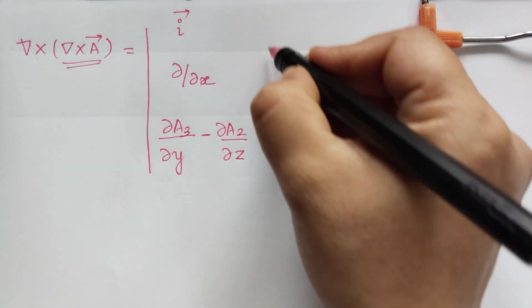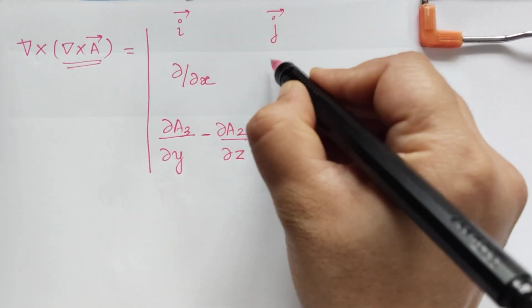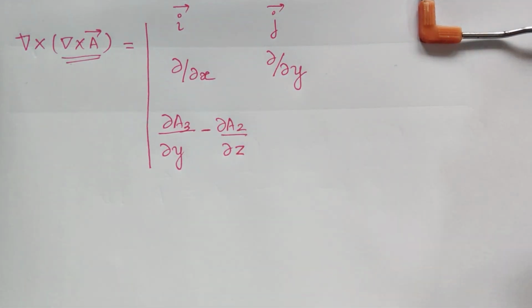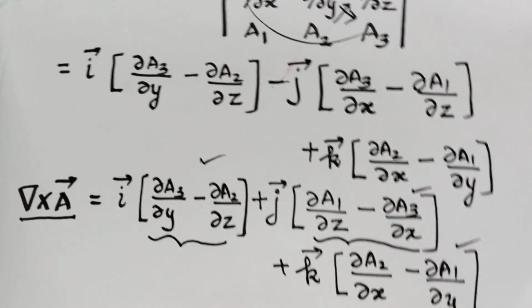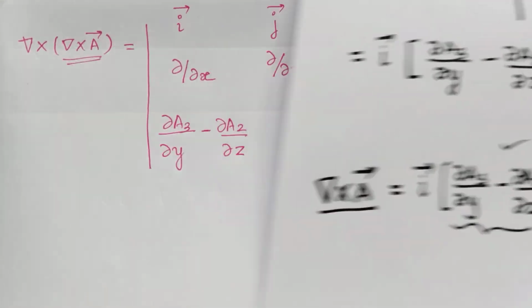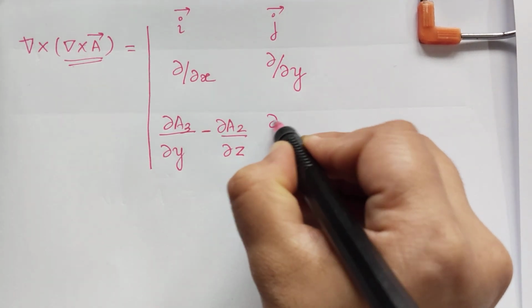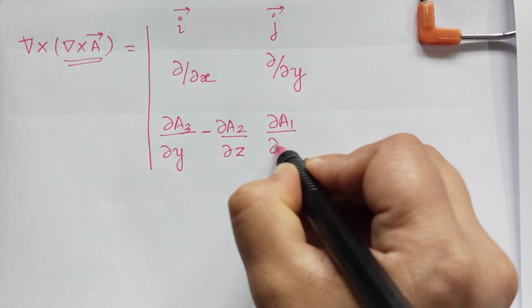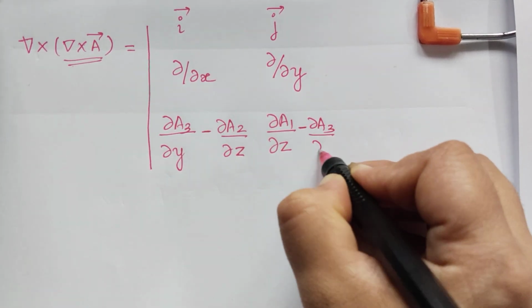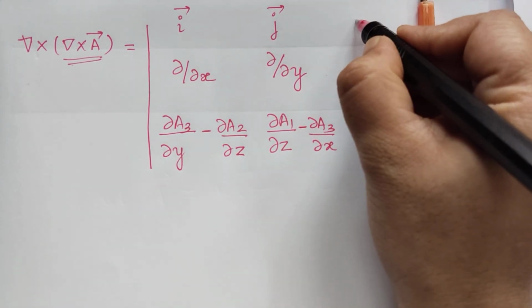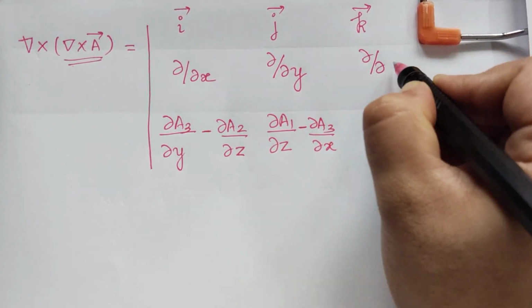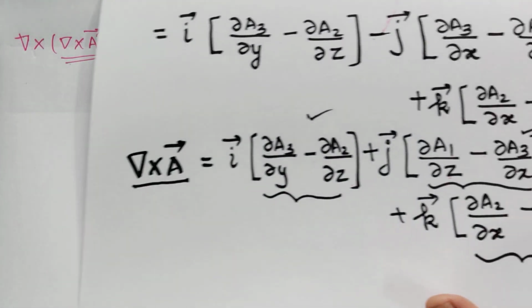In a similar manner, j vector, dou by dou y, and what is the jth component that we have here? It is dou a1 by dou z minus dou a3 by dou x. So that we have to write. And finally the kth component, dou by dou z, and what is the kth component?